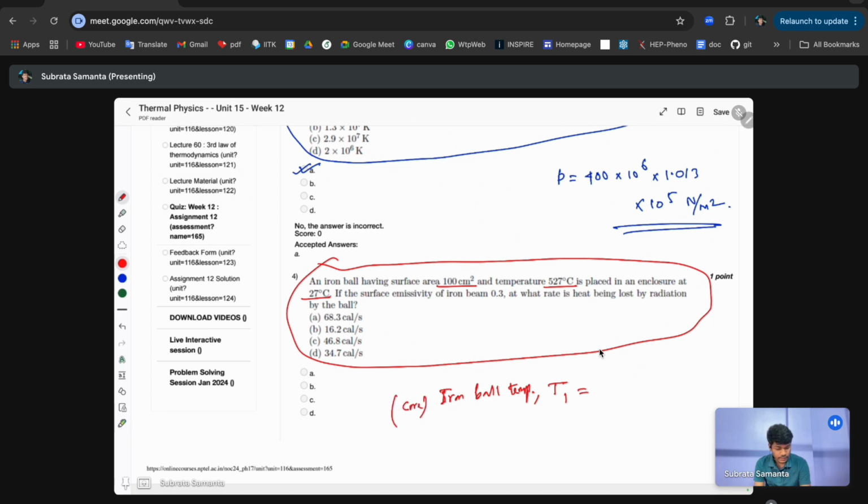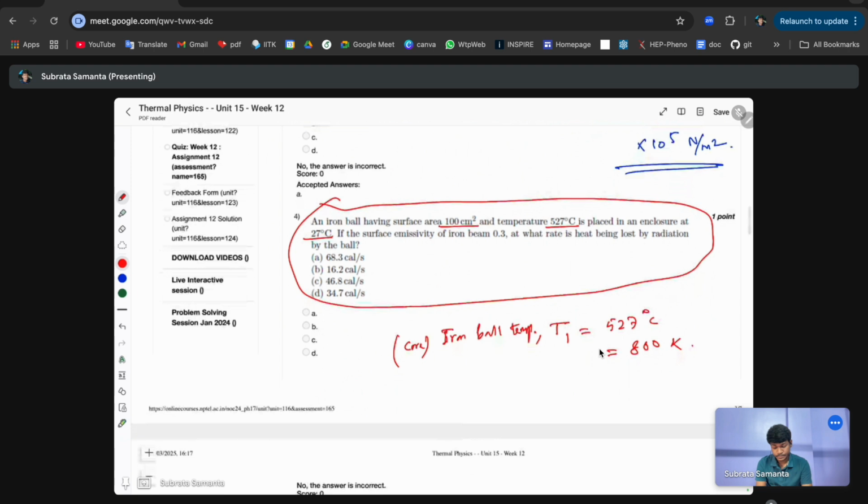This T1 is 527 degrees centigrade, so you convert it to Kelvin, 527 plus 273, so 800 Kelvin, right? And your surface temperature, this is T2, the enclosure temperature, and T2 is 27 degrees centigrade, so it's 300 Kelvin.